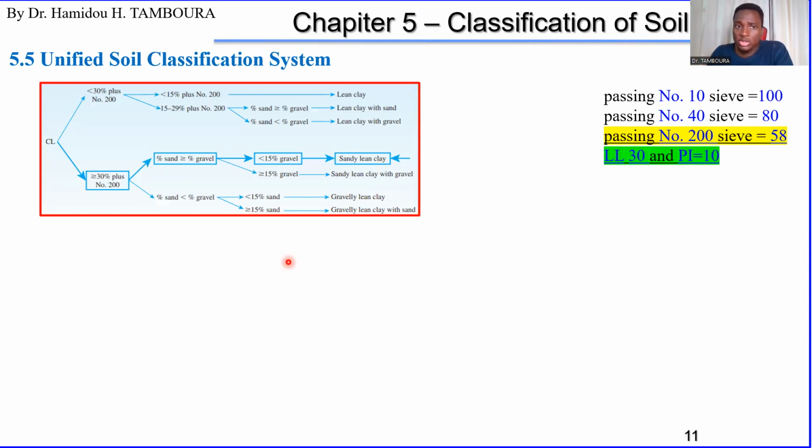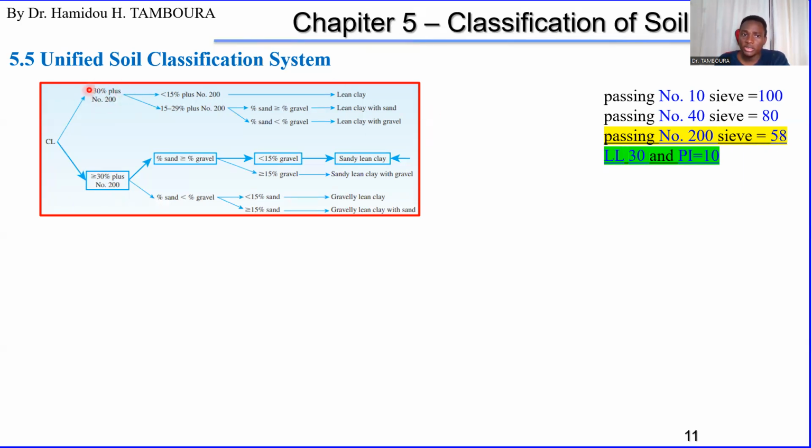Okay, so it means that in our case, the percentage of gravel is smaller than the one of sand. But anyway, we first have to check the percentage passing sieve number 200. What is this percentage? It's 58%.